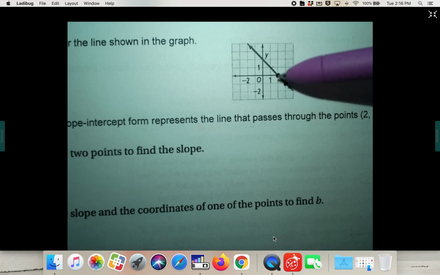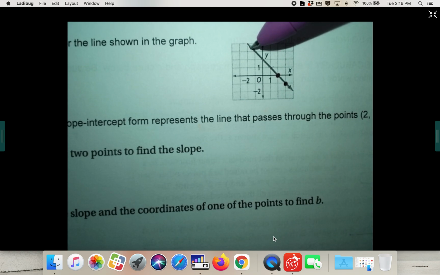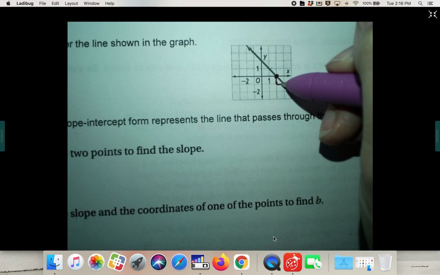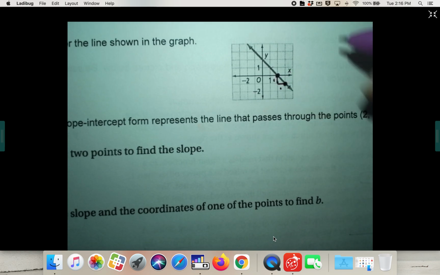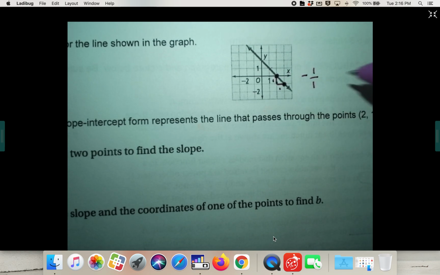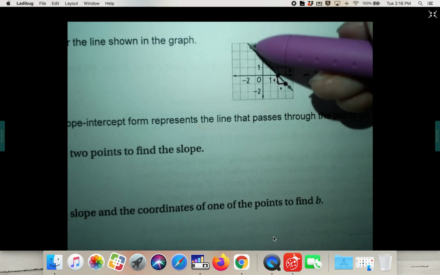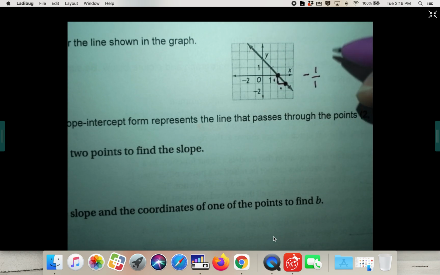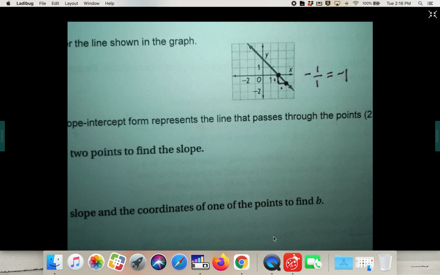Okay, rise over run. Remember, first thing you should notice is it's going downhill. So actually my slope is negative this time. Instead of rising, we're falling 1 and running 1. So this is going to be a negative 1/1 slope. That's how steep it is. It's down 1/1 every time, and we can simplify that to just negative 1.